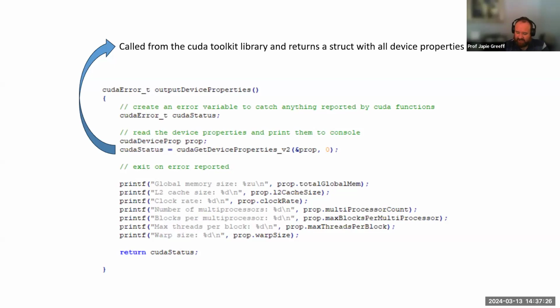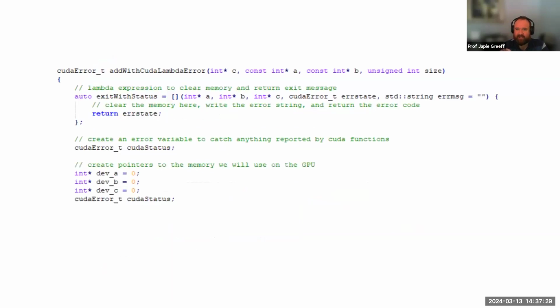The next function is our helper function for doing the addition. The first thing I'm going to define here is a lambda function, which is just going to clean up all of the memory that I've defined, write out the error string to standard error if there are any errors, and then return an error code if there is one to return.